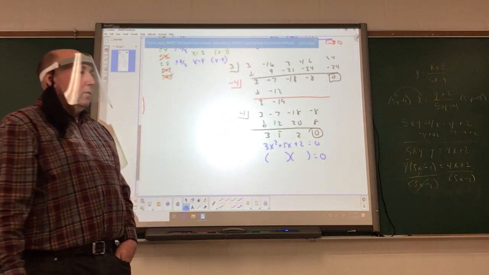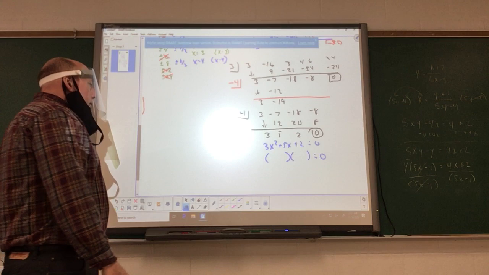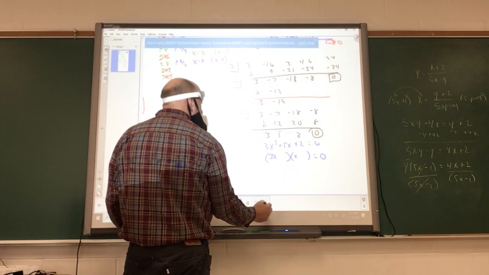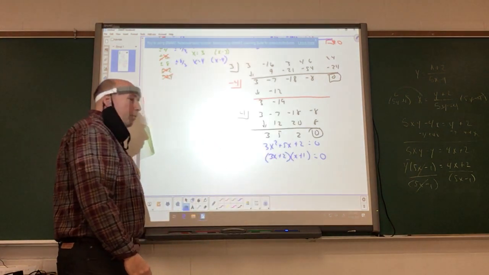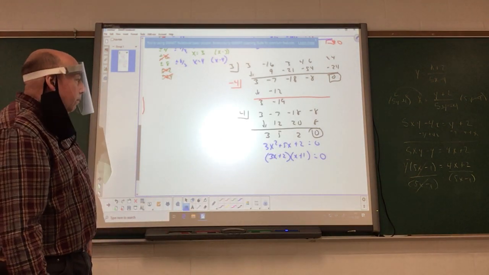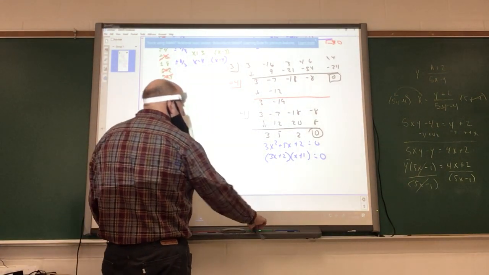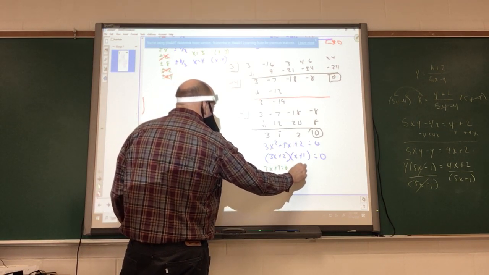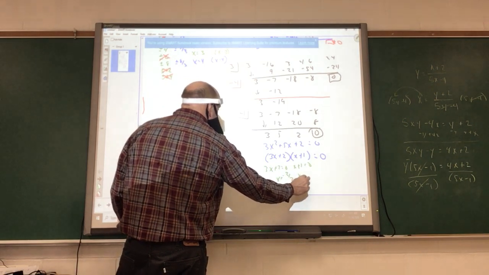And factor it down. I think we'll factor the 3x and x, plus 2, plus 1. So x would equal negative 2/3, x would equal negative 1.